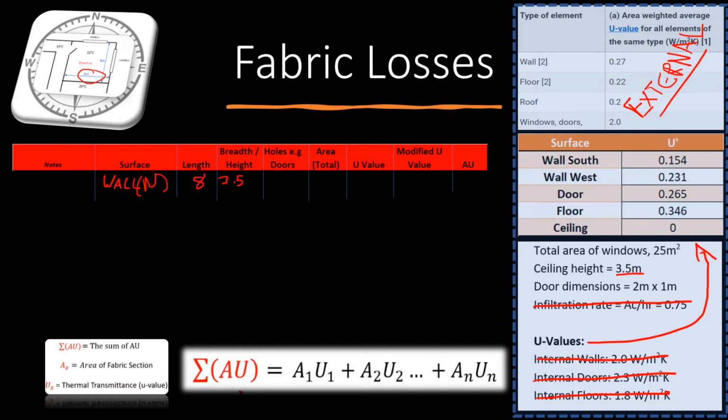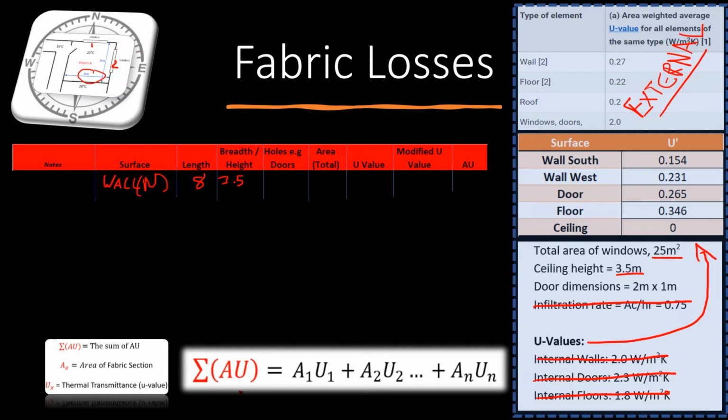So I've got a section that says holes, e.g. doors. What I'm saying here is I might have sections of that area of 8 by 3.5 which isn't the wall or isn't the floor or whatever. Now I've got a window in this wall, so what I'm going to have to do is deduct the area of that window. My windows were given as a total of 25 meters squared, but I've got two windows.